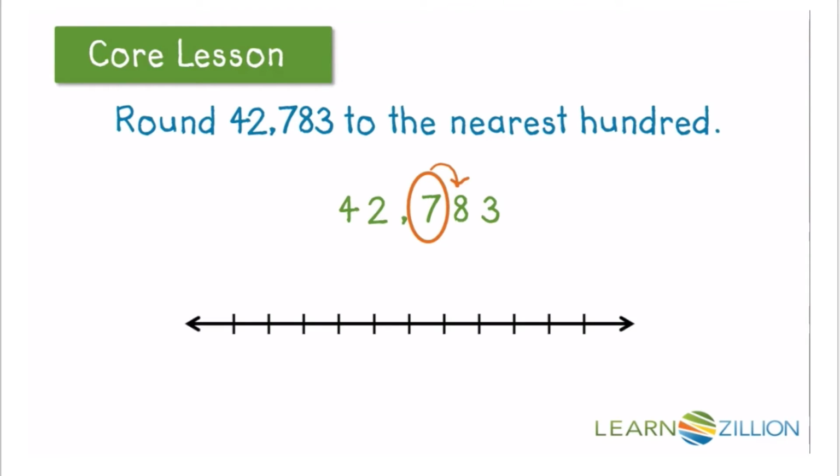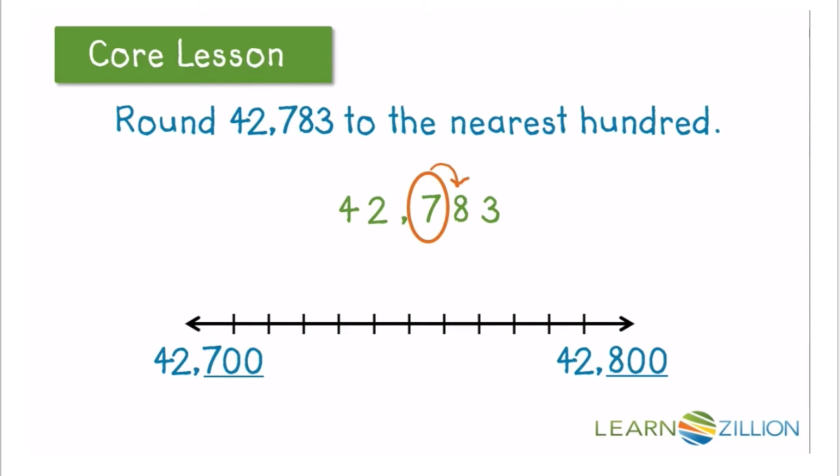If we place this number on a number line, my benchmark numbers would be 42,700 and 42,800 because I want to round to the nearest hundred. The number next door, which is an 8, is in the tens.